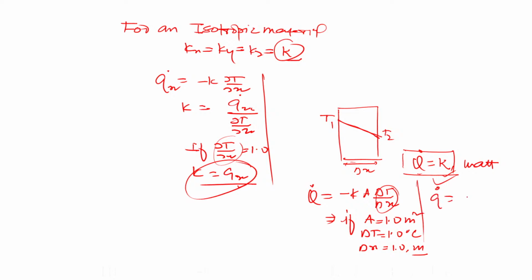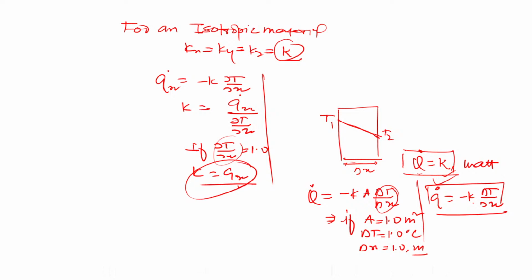Q dot equals minus K into delta T upon delta X. So thermal conductivity is the rate of heat transfer through unit area. Are you getting it?